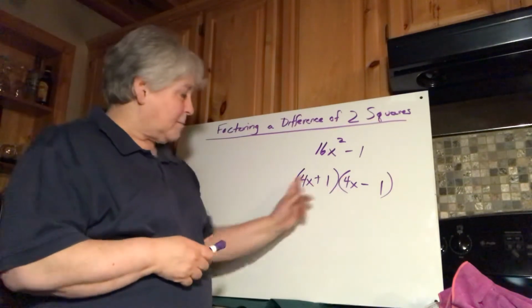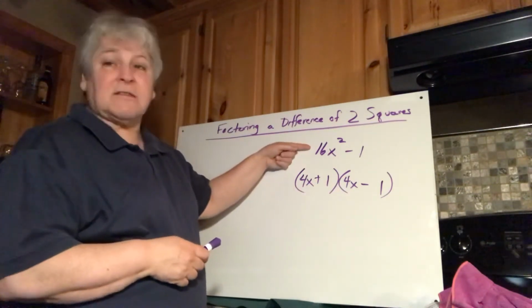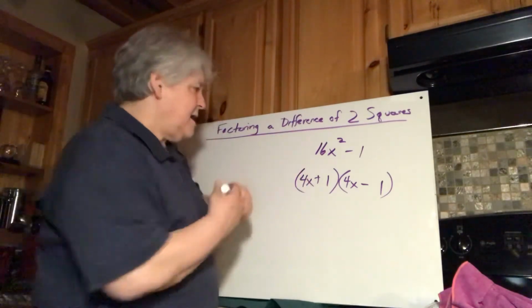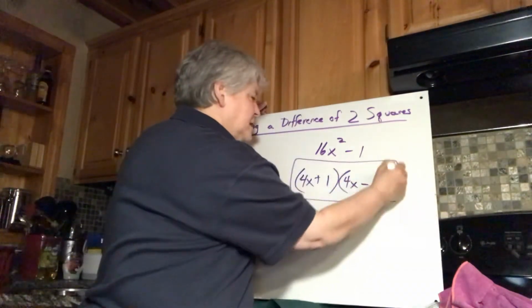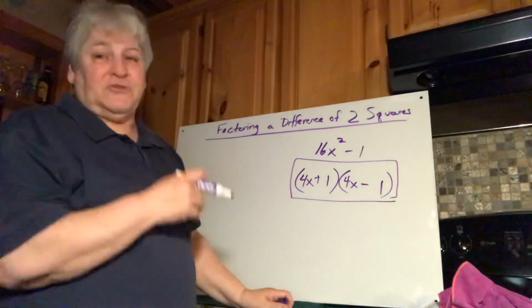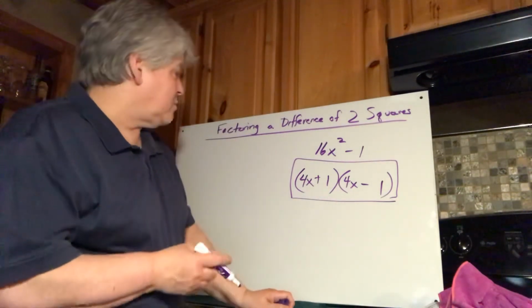So some people automatically multiply this out again to make sure it matches that. That's a great way to check, but just remember to box this up as your final answer, because when I say factor, I'm fully expecting that you know it's the product, not the check that you do, perhaps a little bit later.